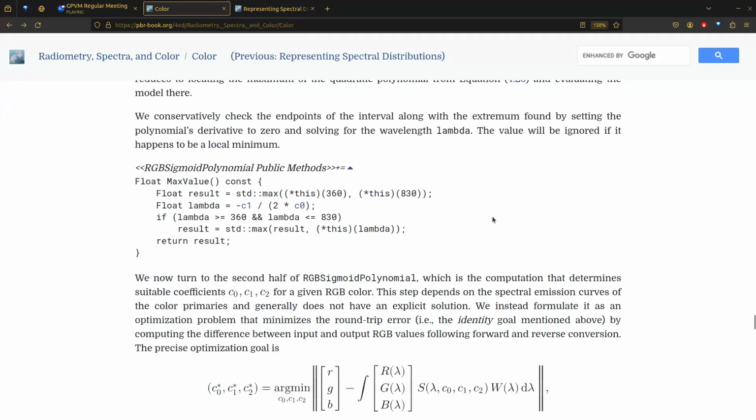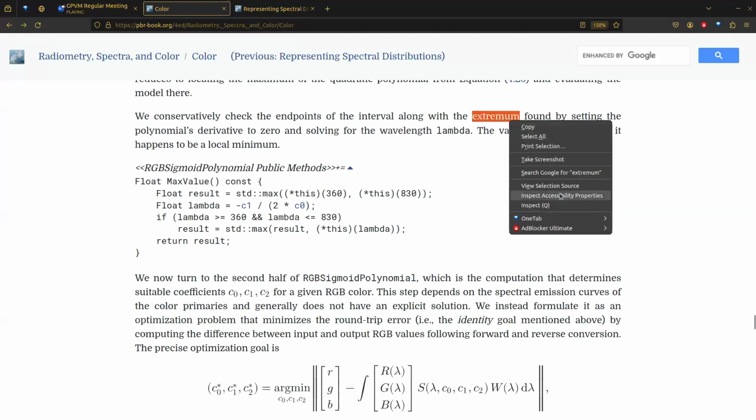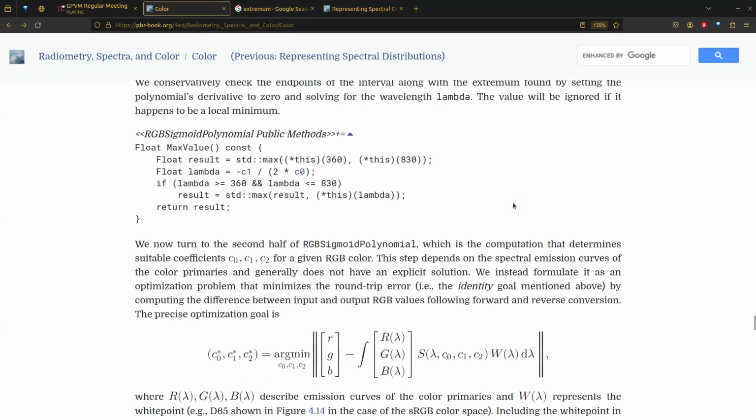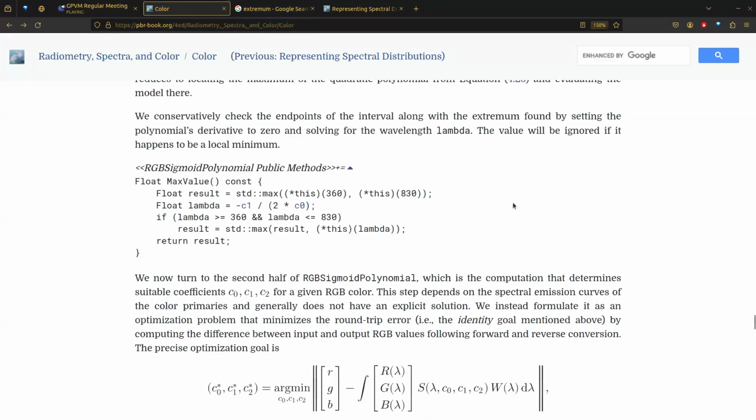Iteratively check the endpoints of the interval along with the extremum. That's interesting. Setting the polynomial's derivative to 0 and solving for the wavelength lambda. The value is ignored if it happens to be a local minimum.